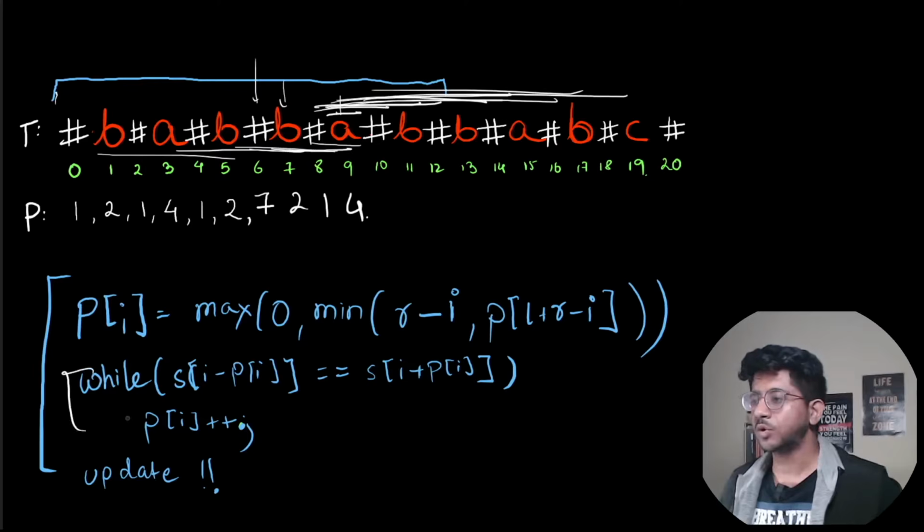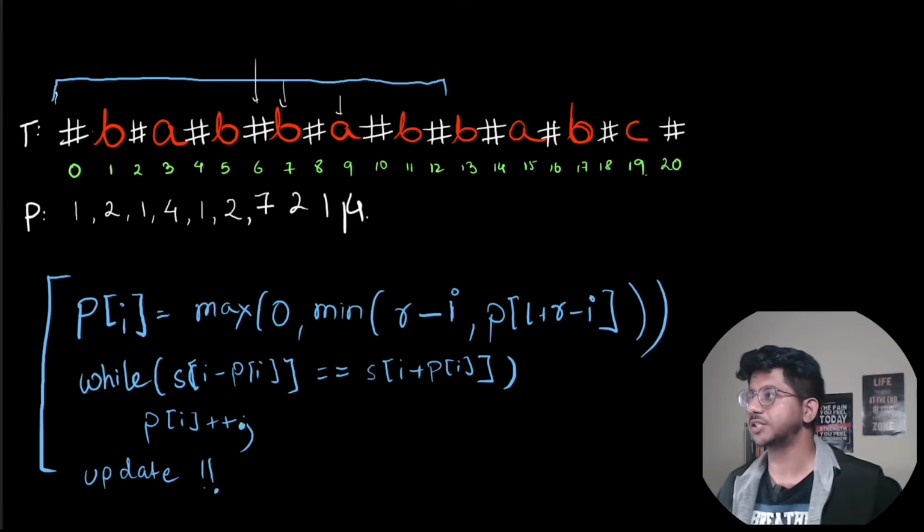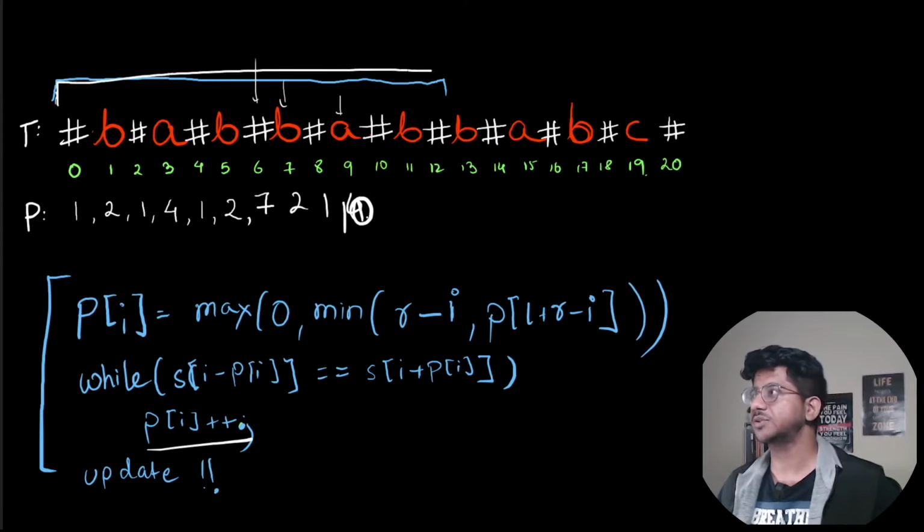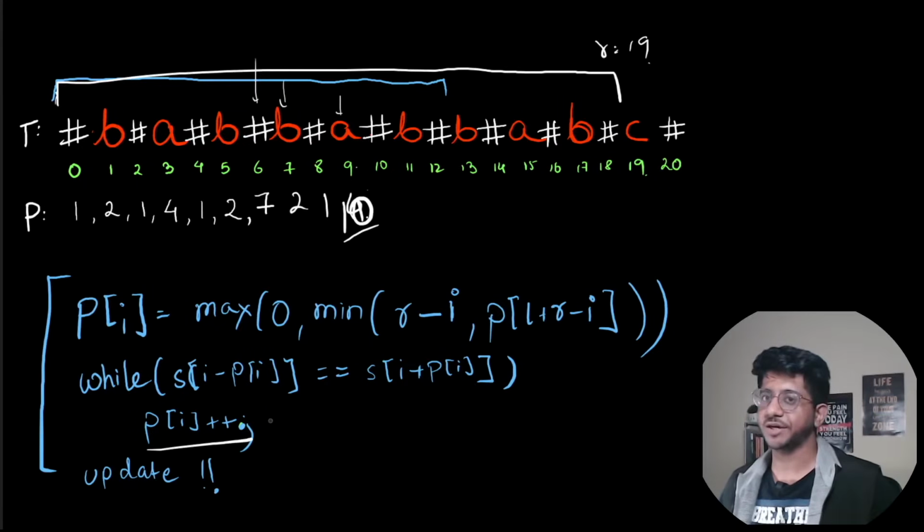So this will go till P of I being equal to 10. Sorry, not this. So this will update to 5, 6, 7, 8, 9, 10, right? And then this will be the new value over here. Since we found a very big palindrome over here, this got updated to 10 by this plus plus. We need to update our new L and R, so that would be up till this much. So R will be equal to 19, which is nothing but 10 plus 9, I plus P of I.